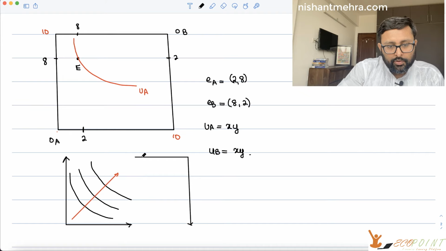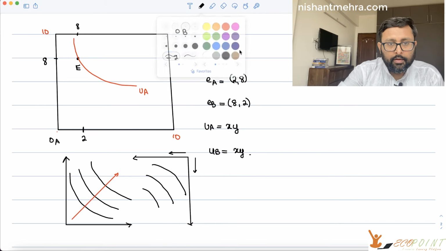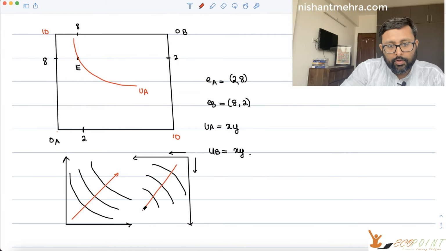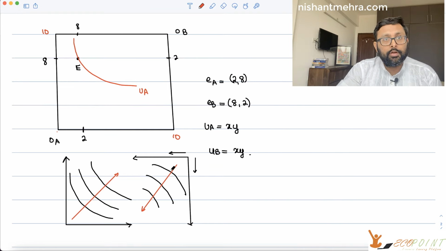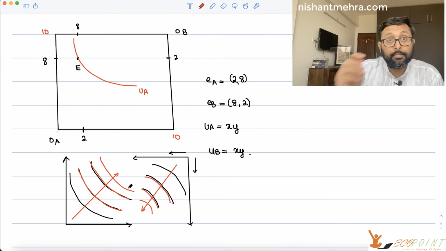I'm also Cobb Douglas. Your axis is like this, so your X is increasing in this direction, your Y is increasing in this direction. So your curves are going to move like this. My curves are going to move this way.